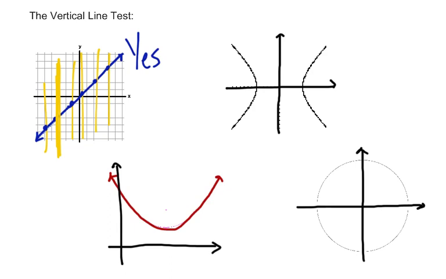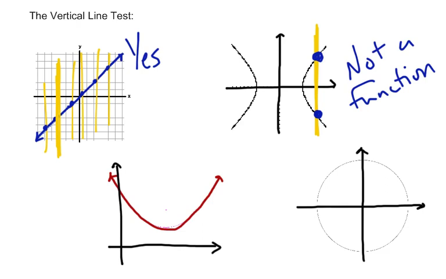Now when we look at the hyperbola and we draw a vertical line way out here, well, for this element of our domain, it's paired with this element of the range and this one as well. So both the positive and the negative number. And because we have one element of the domain being paired with a couple things in the range, this one is not a function.